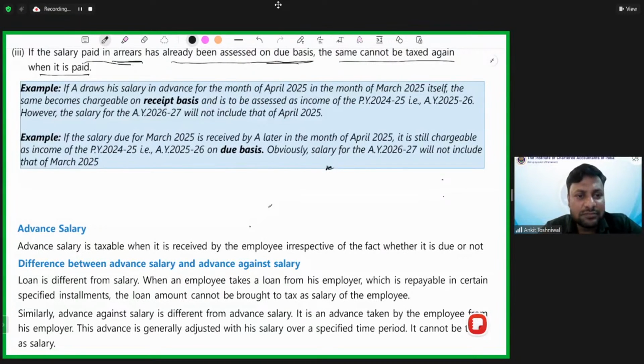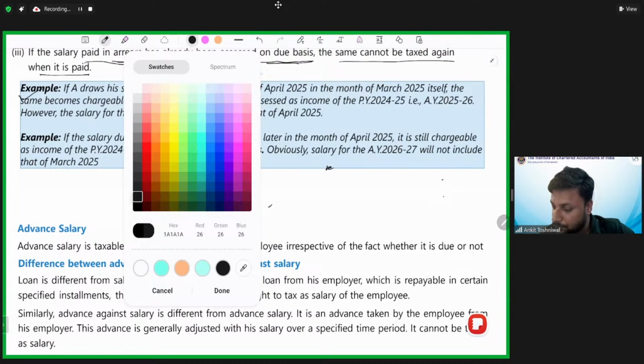We already understand this. We already discussed this. Correct? And it is to be assessed as income of the previous year 24-25, and it is not again taxable in the previous year 25-26. Correct? So this is done.